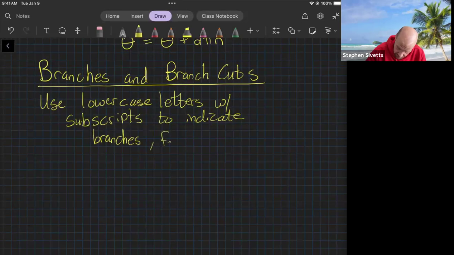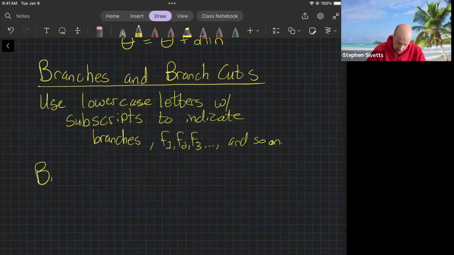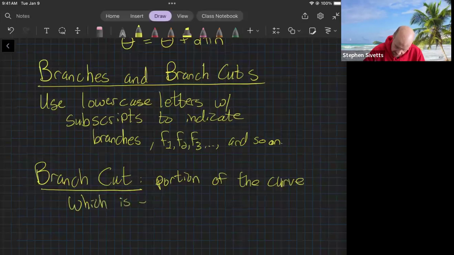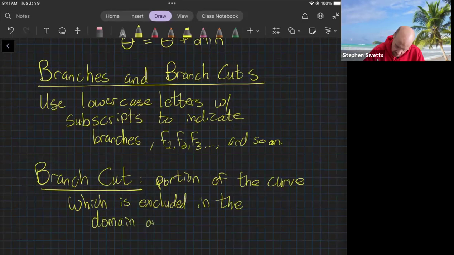Right, so like F1, F2, F3, and so on. Okay. And then what a branch cut is, we'll go over this in much detail. So a branch cut, it's a portion of the curve which is excluded in the domain of F.